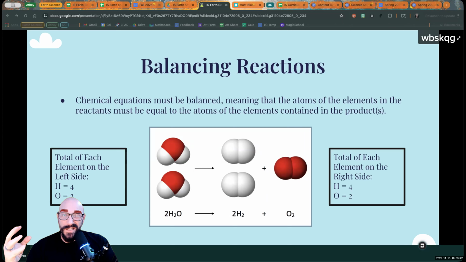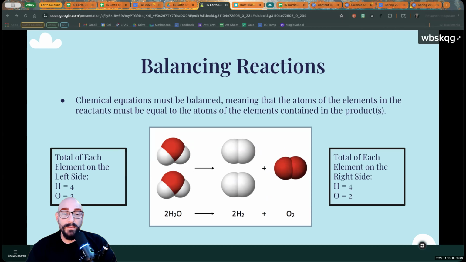So what's equal are the number of each atom that we have on both sides. To do that, you have to balance the equation. You have to change those numbers in front of the elements, in front of the compound names, so that you have a balanced chemical reaction.